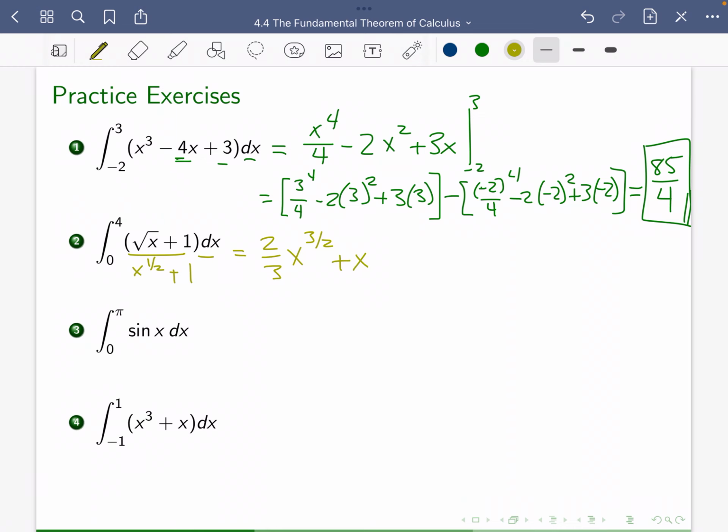Plus, if we integrate 1, that integrates to just x itself. And we are going to evaluate that from 0 to 4. So we have 2/3 times 4 to the 3/2 plus 4 minus 2/3 times 0 to the 3/2 plus 0.